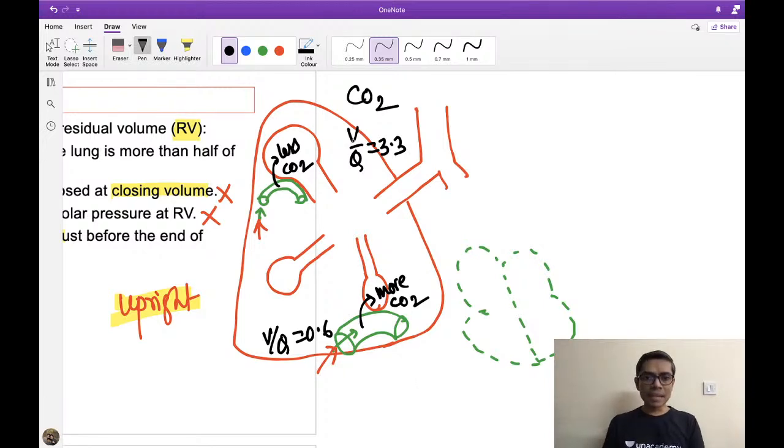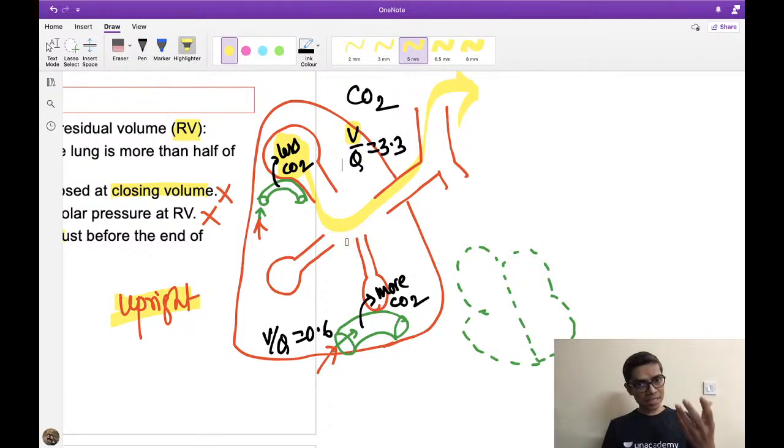Plus at the apical alveoli, ventilation is more than perfusion, so whatever carbon dioxide reaches this alveoli is less, and it will be easily washed out from this lung. If ventilation is out of proportion to perfusion, you are going to wash out the carbon dioxide.